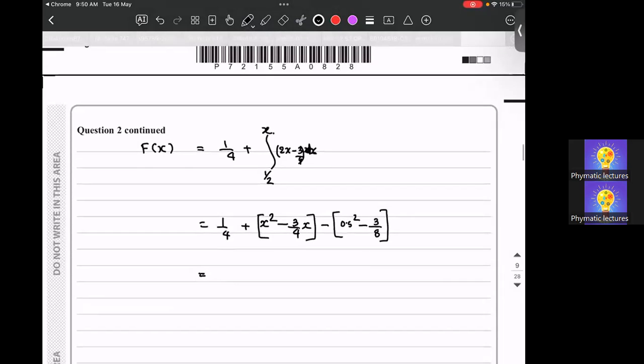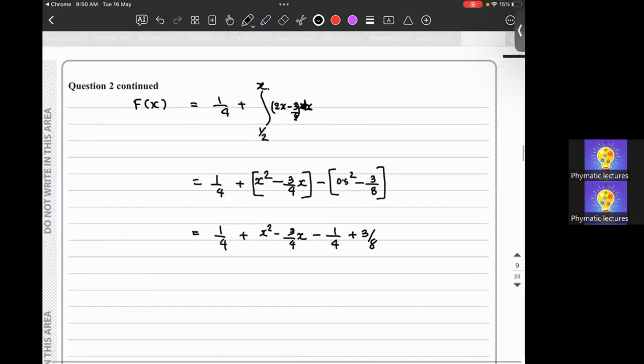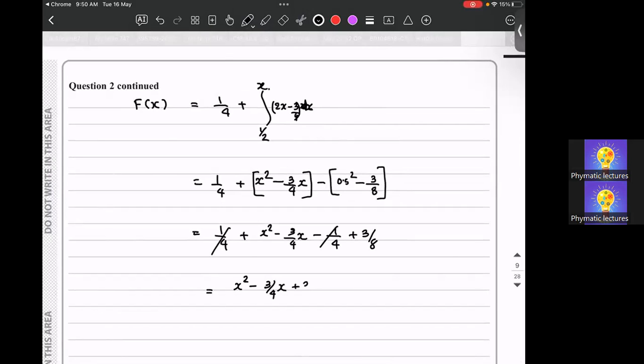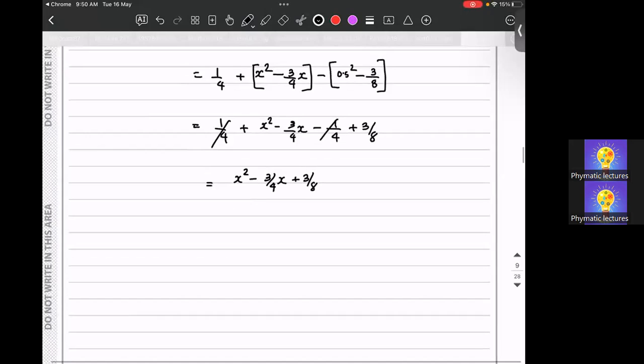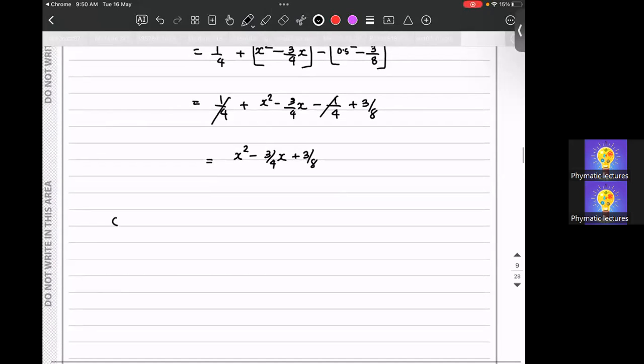So it eventually becomes 1/4 plus x square minus 3/4x minus, this is minus 1/4 plus 3/8. So 1/4 minus 1/4 got cancelled. It becomes x square minus 3/4x plus 3/8. So this is the cumulative distribution function. So I will write this CDF here.